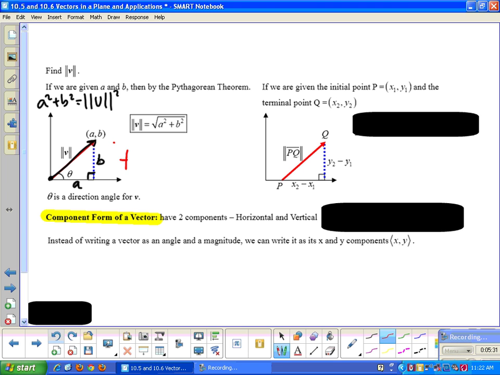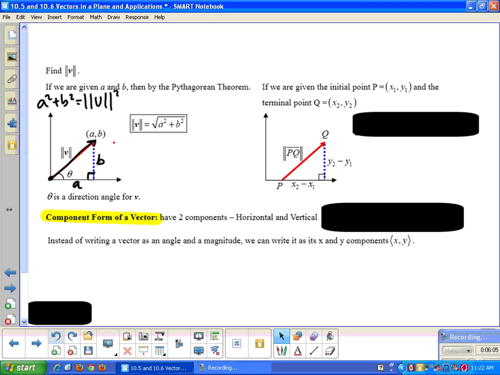So if I wanted to do opposite over hypotenuse, I have sine. Let's say I did the sine of theta. The sine of theta would be equal to b over the length of the vector. And then I could solve for b by saying the vector times sine of theta. I can also do the same thing for the cosine, but I'm not going to write that down right now because we're going to do that later, but just so you can see.